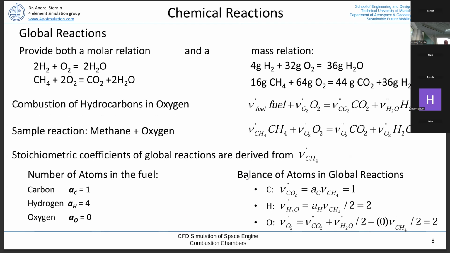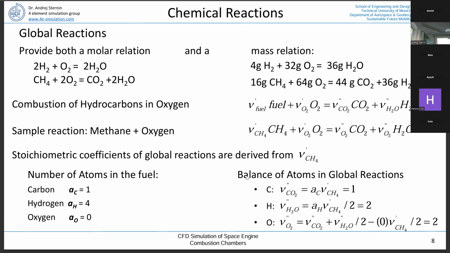So, as I said, we have, for instance, a molar reaction. So basically the stoichiometric coefficient gives us the number of moles that we need. So we have 2 moles of hydrogen, 1 mole of oxygen gives us 2 moles of water. Meaning, you see, this is an example where the number of moles that we have in the system is not conserved.